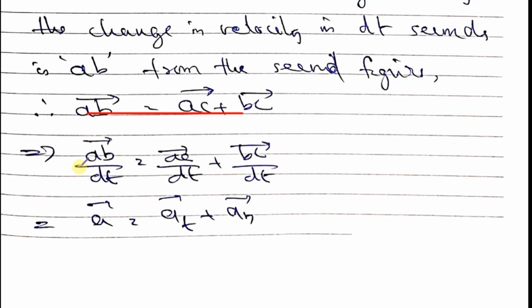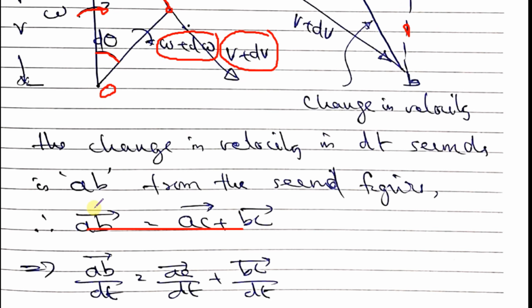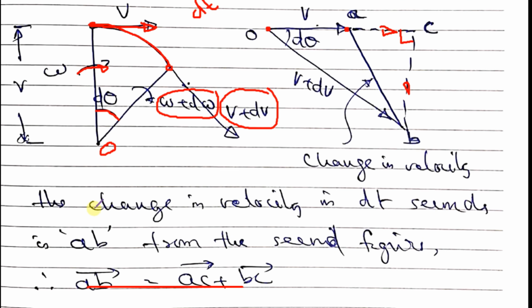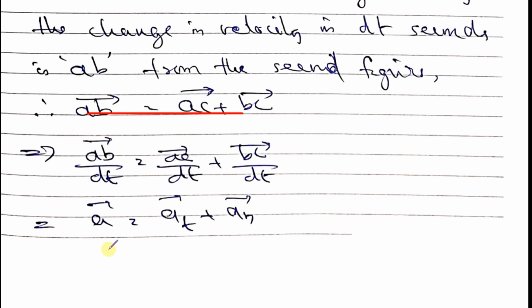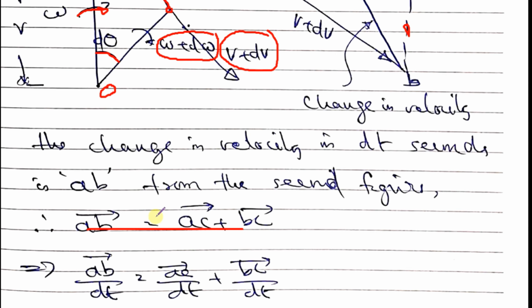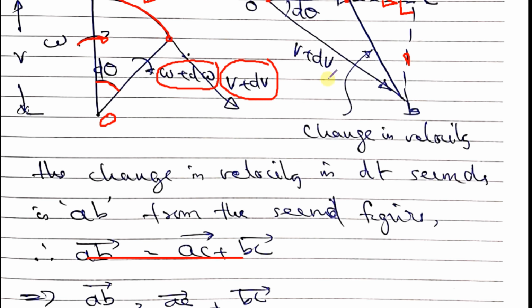AB by dt is the acceleration, that is, change in velocity divided by time.